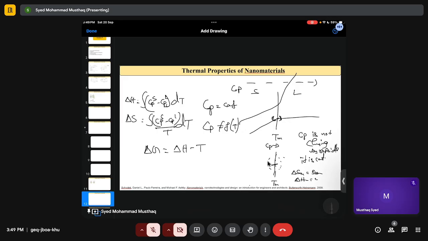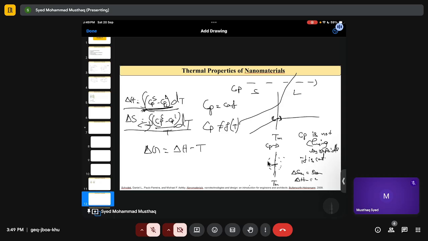If I assume the Cp is also constant with temperature, it doesn't change with temperature, then I take Cp out. Then delta H and delta S will remain constant, close to the melting temperature.